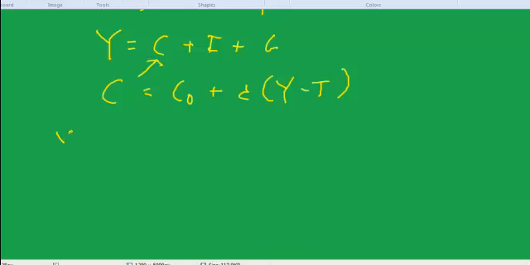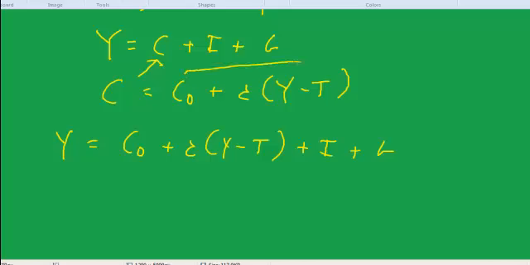So we just have one equation: y equals c naught plus c times (y minus t) plus I plus G. Now, as before, we take our y term and move it over, and we have what's left.